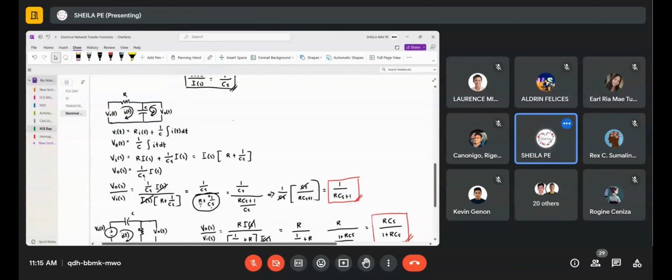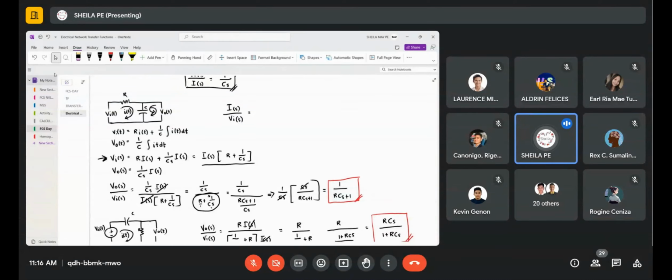So if you take the I(S) over VI(S) input, current over the input in Laplace form, for this part, I(S) over V(S) using this one, you take R plus 1 over CS here.